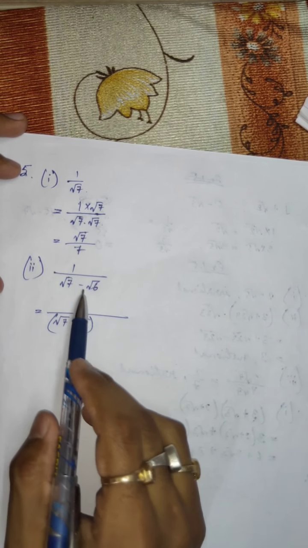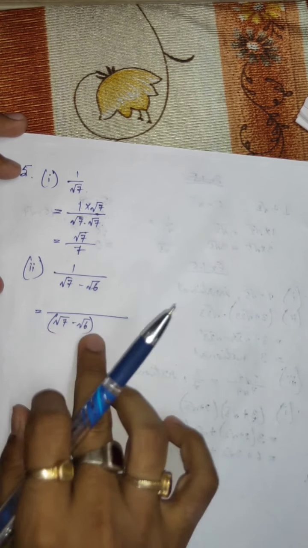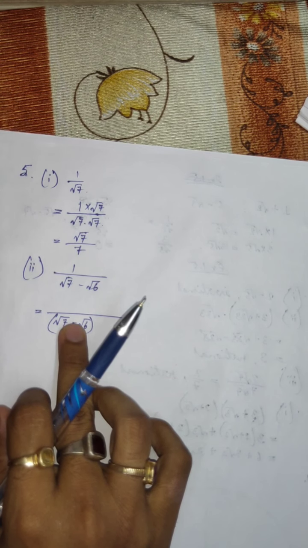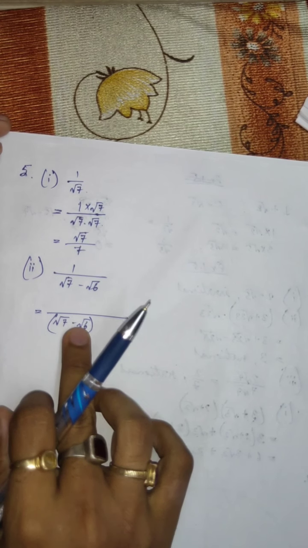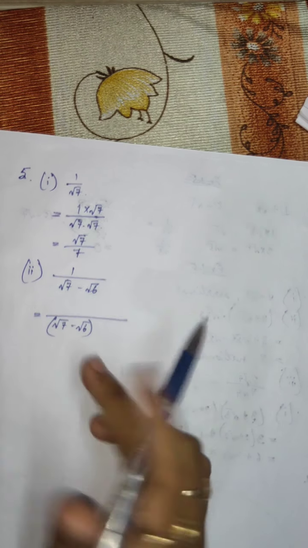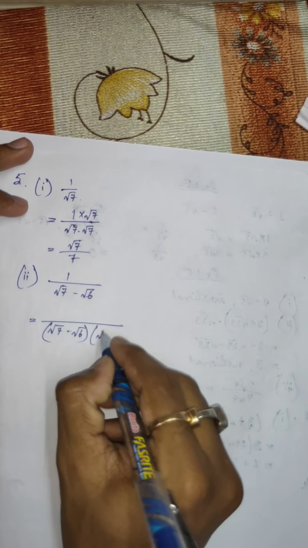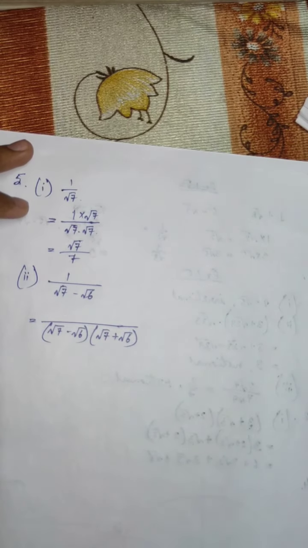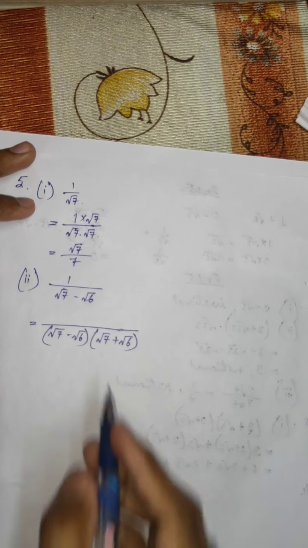What is the conjugate term? Both the terms remain the same. The sign in between the terms is changed. If it is minus, then it will be plus, and if it is plus, then it will be minus. So the conjugate term will be root 7 plus root 6. This is the system of rationalization.